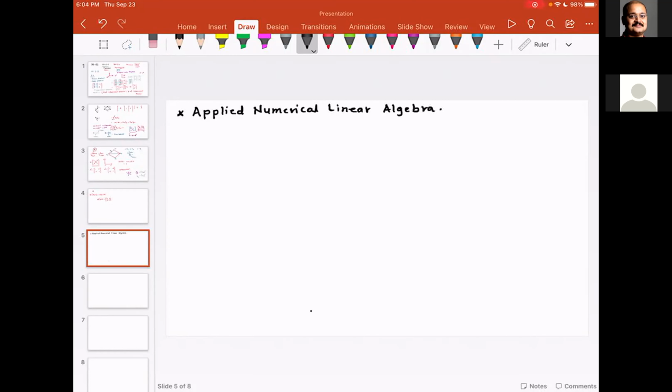This is a very interesting field wherein we try to solve practical problems, which are usually large scale, by some sort of computer algorithms and software.